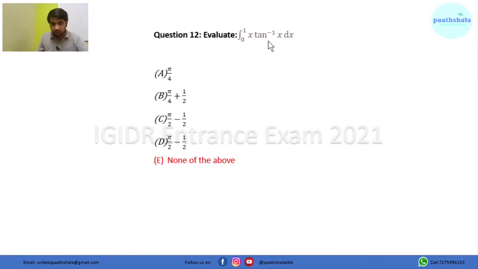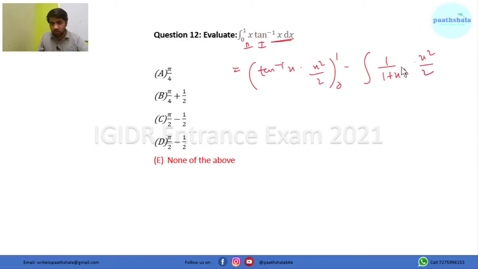So again, a definite integral question. In this, we have to go by the Euler rule. This will be our first function, and this will be our second function. So here it will come out to be tan inverse x, and the integration of x will be x square by 2, and the limit will go from 0 to 1, minus the differentiation of tan inverse x, which will be 1 upon 1 plus x square, and the integration of x, x square upon 2, dx.